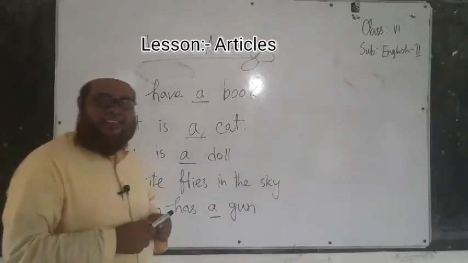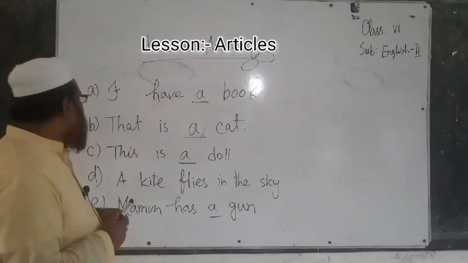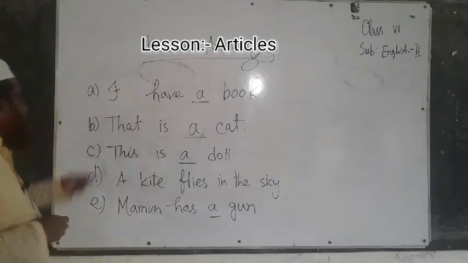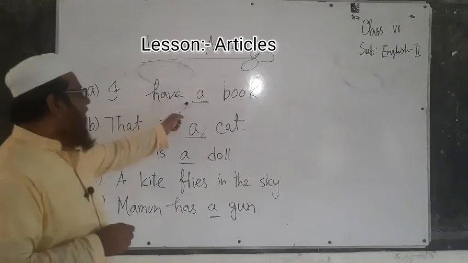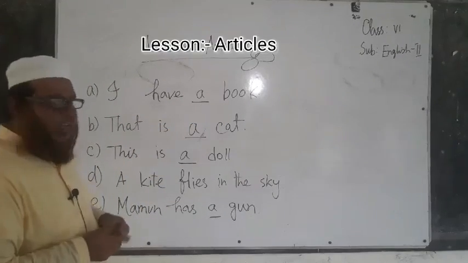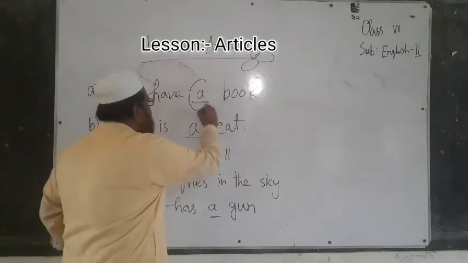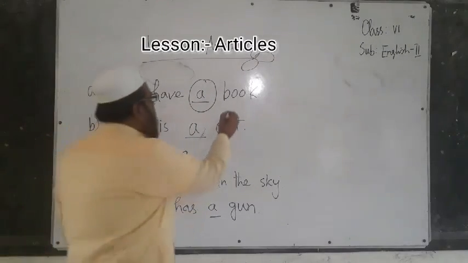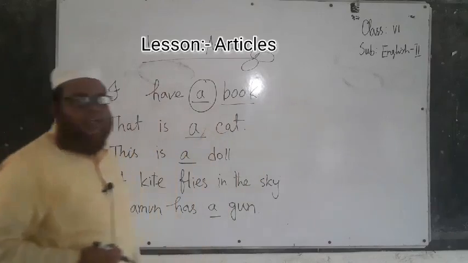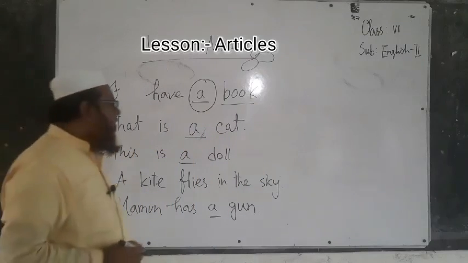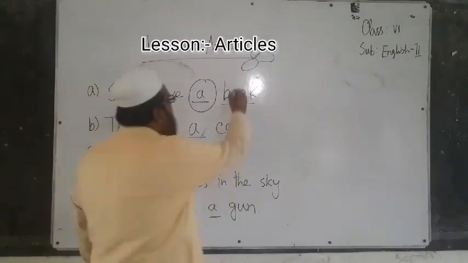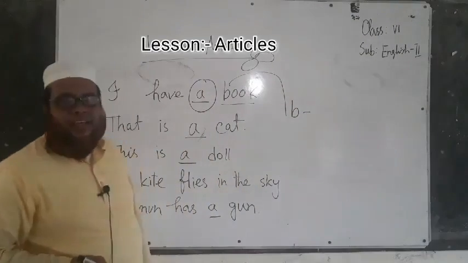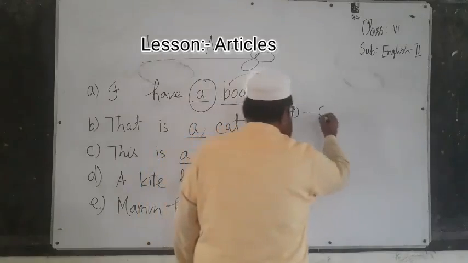My dear students, let us read out the board. There are some sentences. The first sentence is, I have a book. Here, a is an article, and the article is used before the word book. In this word, the starting letter is B. B is a consonant.